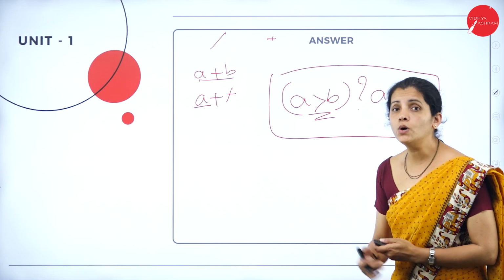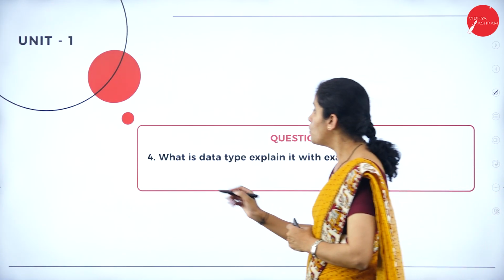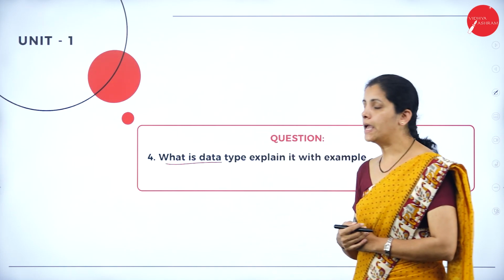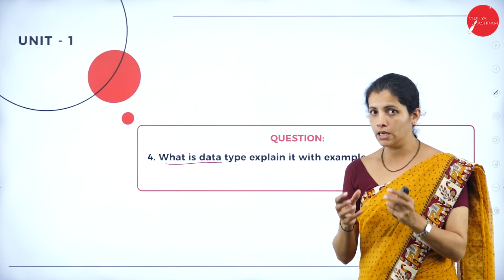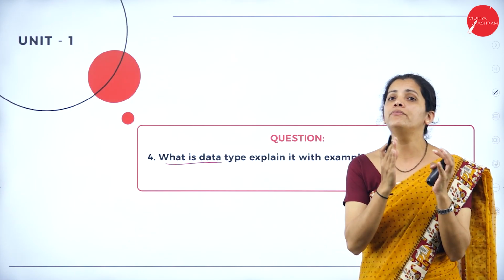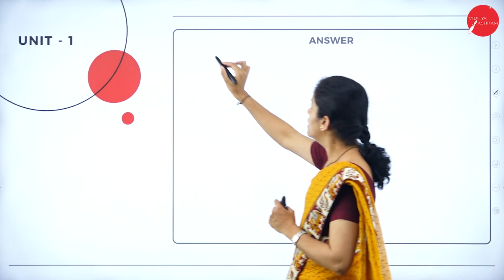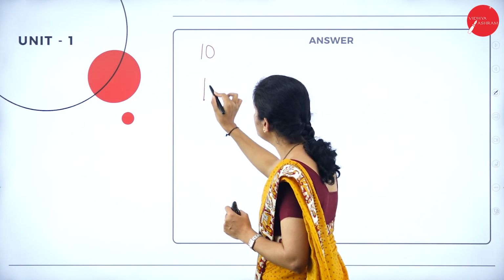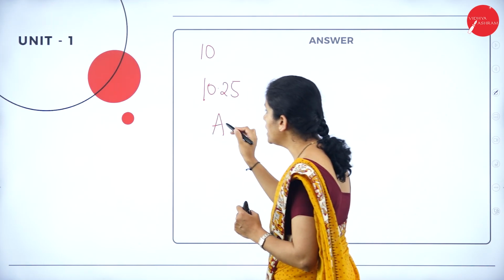So another very important question from this unit is, what is data type? Explain it with example. So what is data type? Think that I have different types of values. For example, I have 10, I have 10.25, I have grade, A grade.